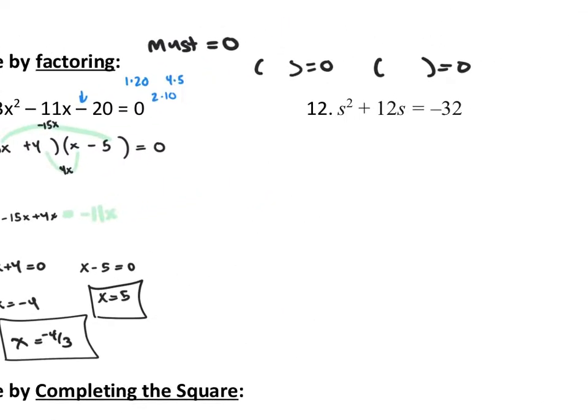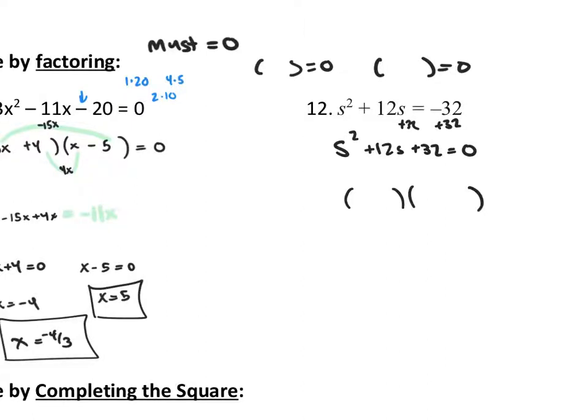For this one, we must be set up equal to 0 before we're able to factor, which means we need to add 32 to both sides. And when we do that, we'll have s squared plus 12s plus 32 is equal to 0.